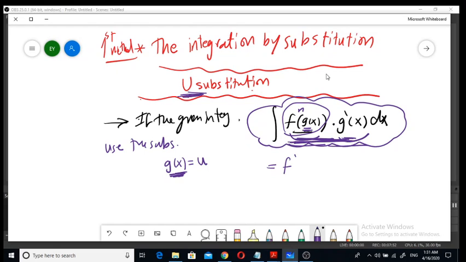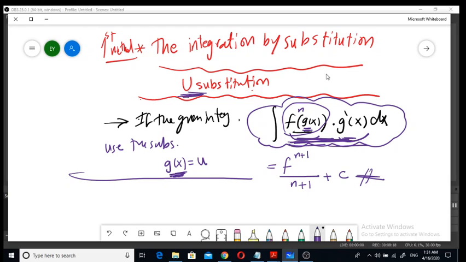This is going to be f to the power n plus 1 over the new power, n plus 1, plus c. We add 1 to the power of the outside function. So you have to remember this form.